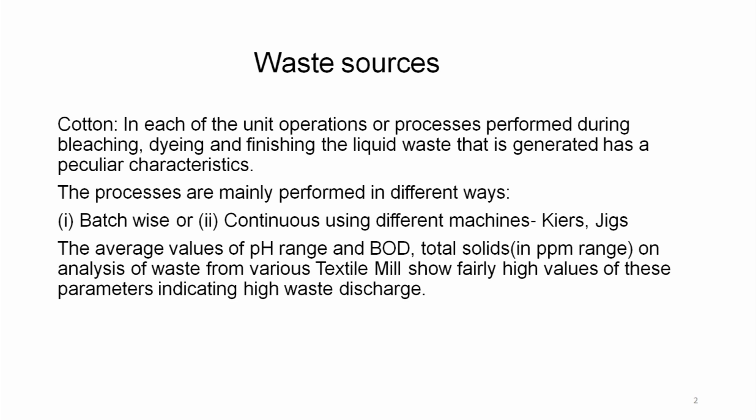The average values of pH range and BOD, that is biochemical oxygen demand, and total solids in ppm range, on analysis of waste from various textile mills, show fairly high values of these parameters, indicating high waste discharge.